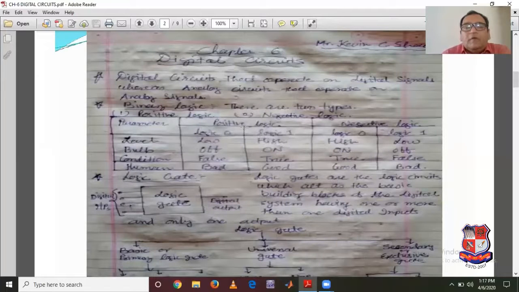So this is for positive logic: logic 0 means a false condition, and logic 1 means a true condition. This is just opposite in negative logic. If the condition is true, we consider it logic 0, and if the condition is false, we consider it logic 1. So these are the three technical terminologies.